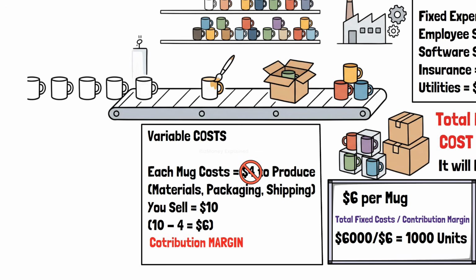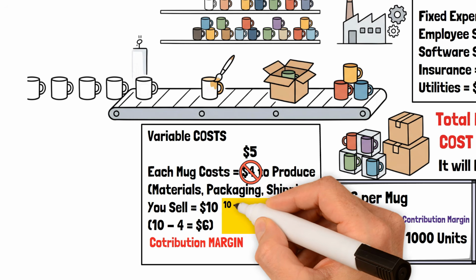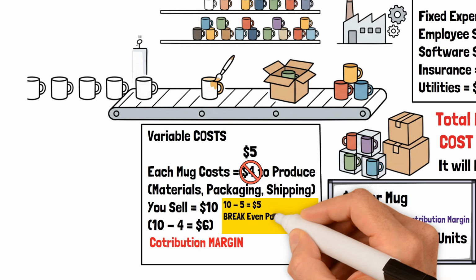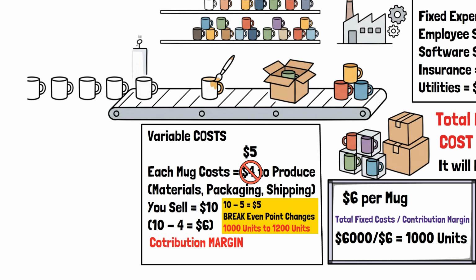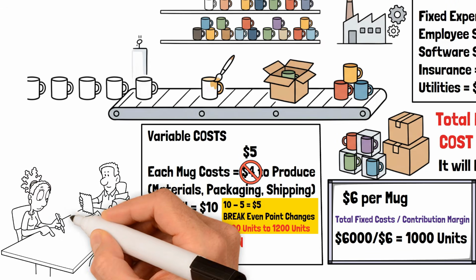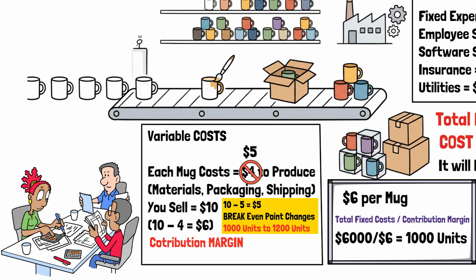Suppose your actual variable cost is not $4 but $5 after including all these hidden expenses. Now your contribution margin becomes $5 instead of $6. Your break-even point suddenly changes from 1,000 units to 1,200 units. That is a major difference. This is why accurate break-even calculations require complete numbers, not estimates.